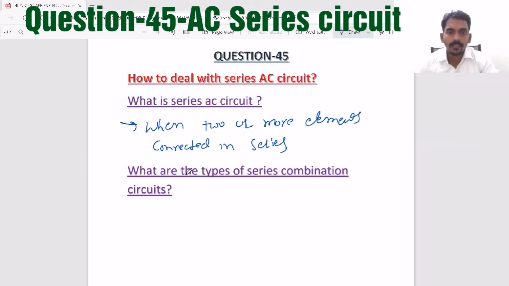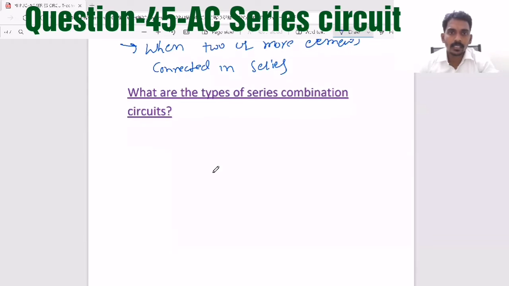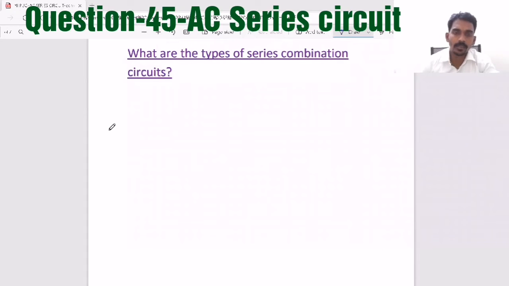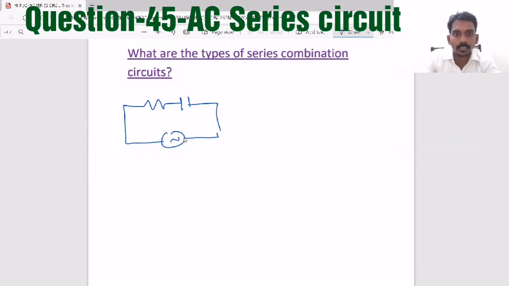Now when we consider the series circuit, there are two combinations possible. The first is a resistor in series with a capacitor across an AC source, the RC circuit, or a resistor in series with an inductor, the LR circuit.